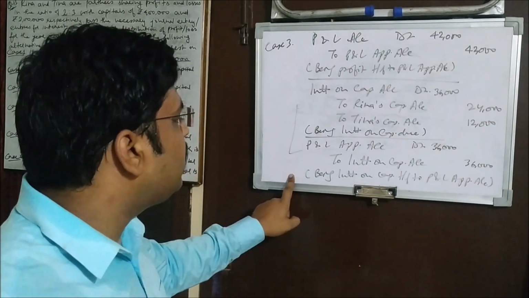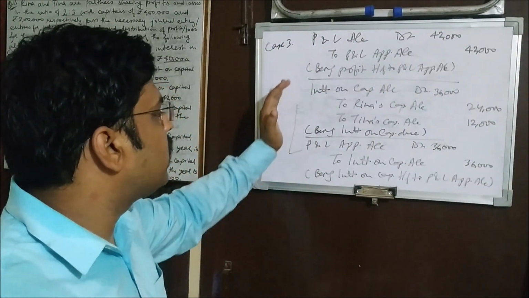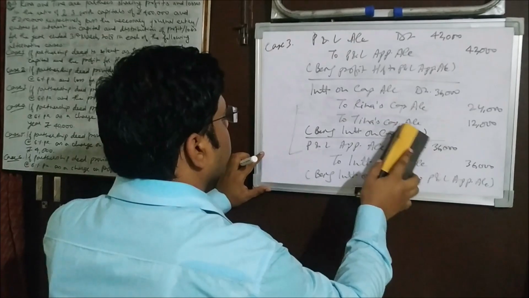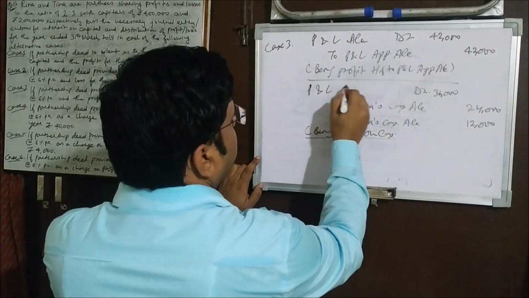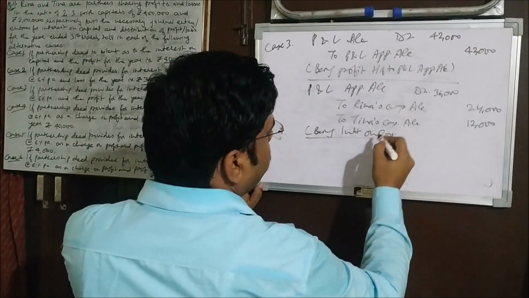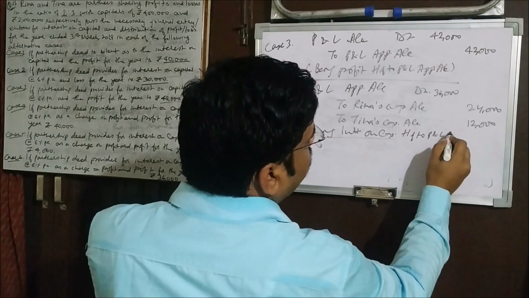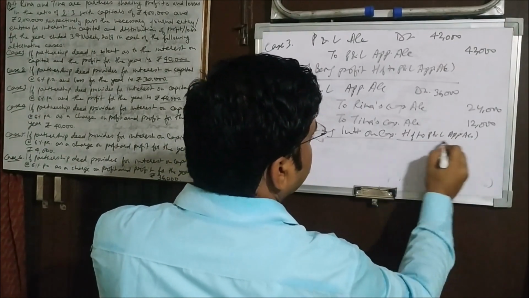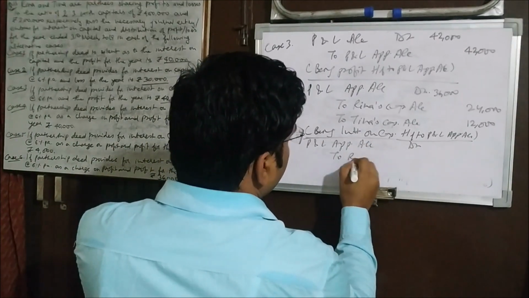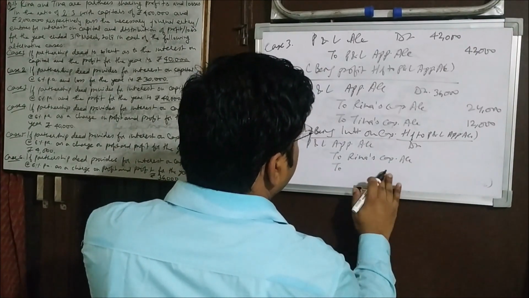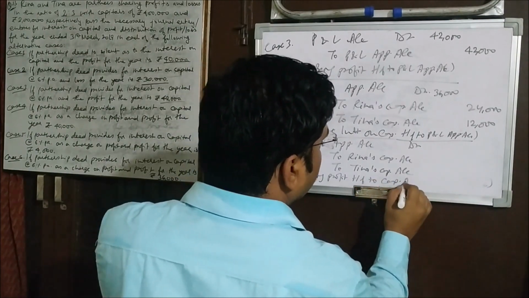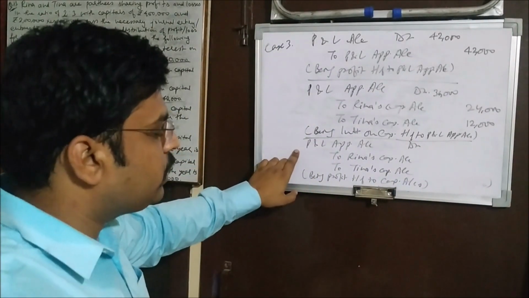Then profit and loss appropriation account debit to Reena's capital account and to Tina's capital account, being profit transferred to capital accounts.